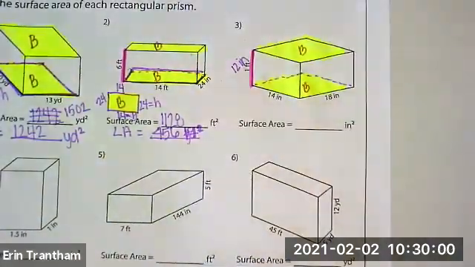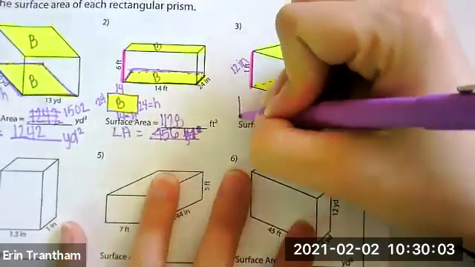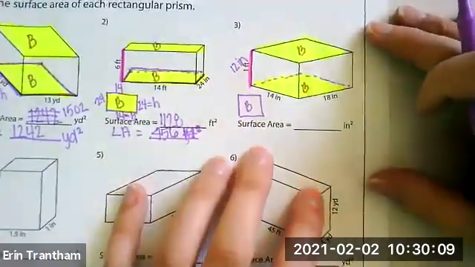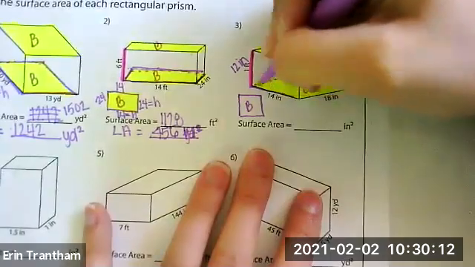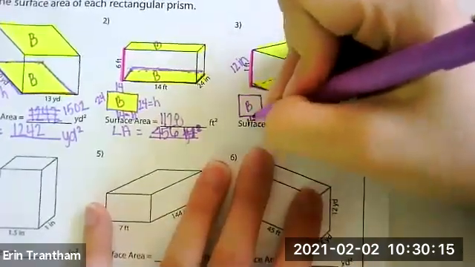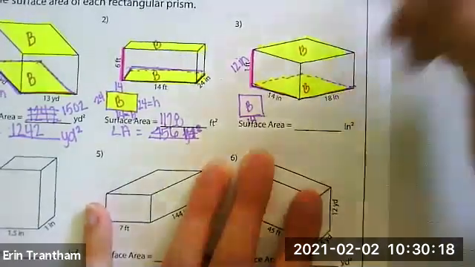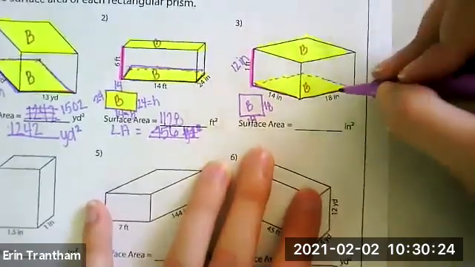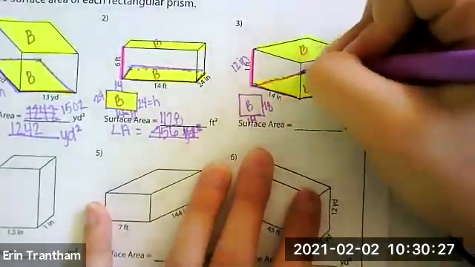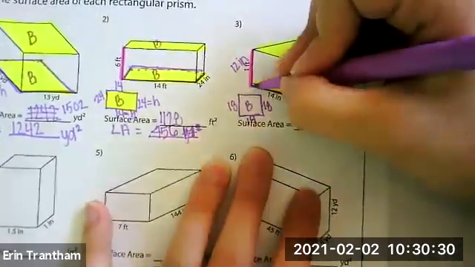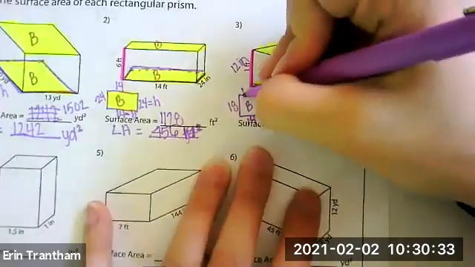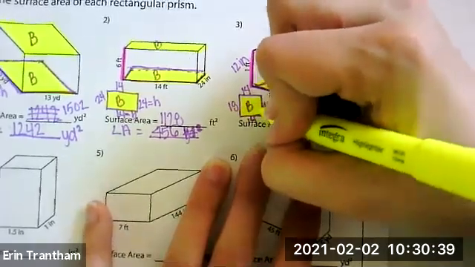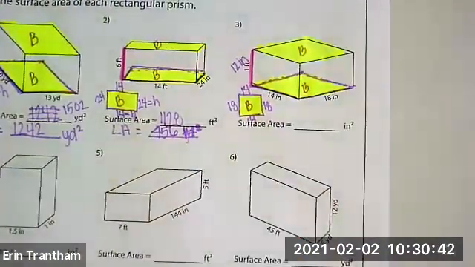Okay, now we're gonna draw our base. So if this is 14, then this is 14. If this is 18, then this is 18. If this is 18, then this is 18. If this is 14, then this side's 14.